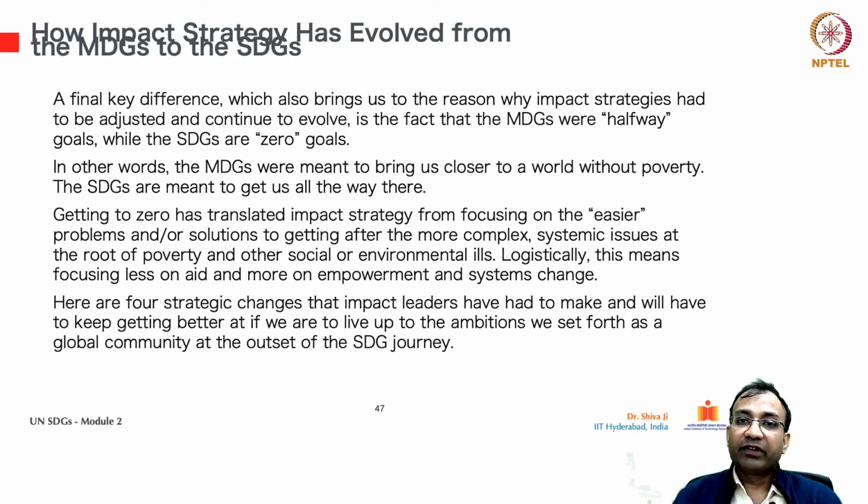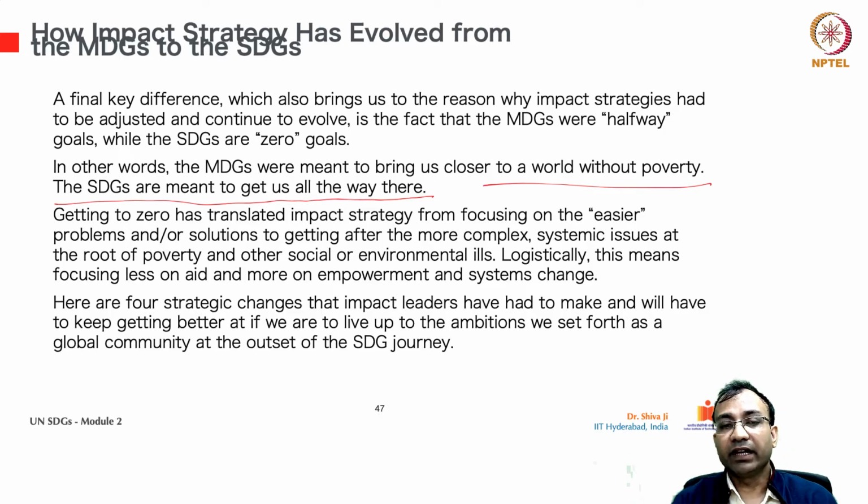The final key difference, which also brings us to the reason why impact strategies had to be adjusted and continue to evolve, is the fact that the MDGs were halfway goals, while the SDGs are zero goals. In other words, the MDGs were meant to bring us closer to a world without poverty. The SDGs are meant to get us all the way there.